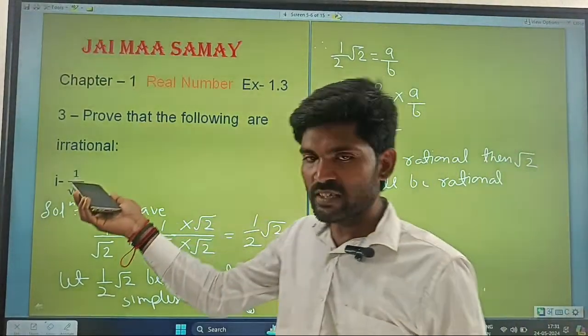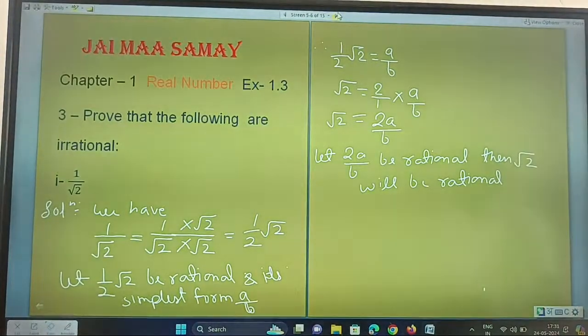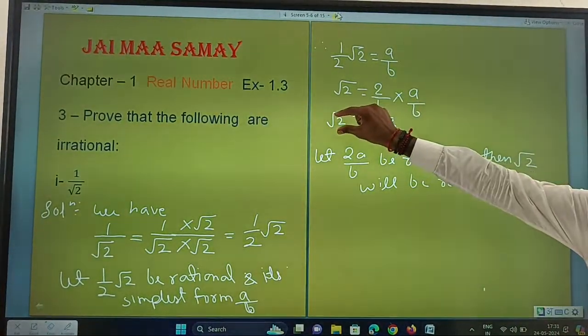In every question irrational is given. For the proof, suppose it is rational. Then solve, and at the last stage, if this side is rational, then that side is also rational.